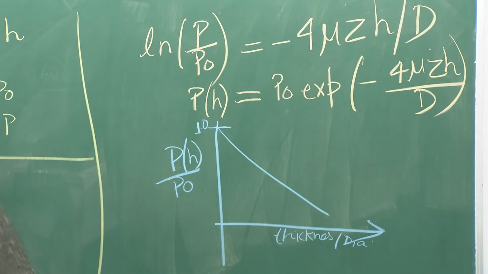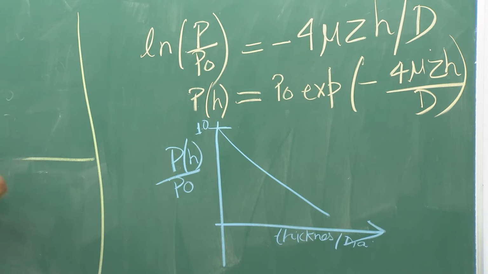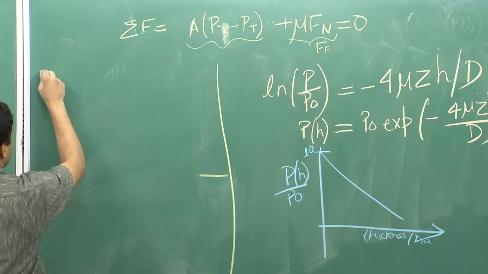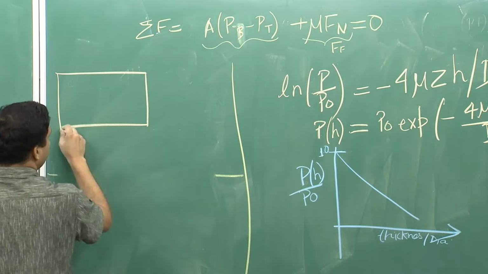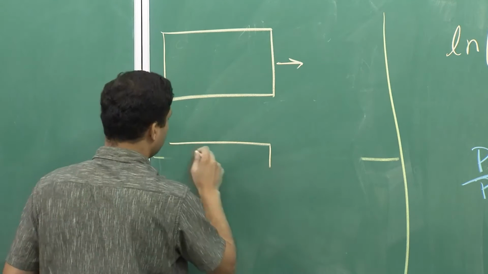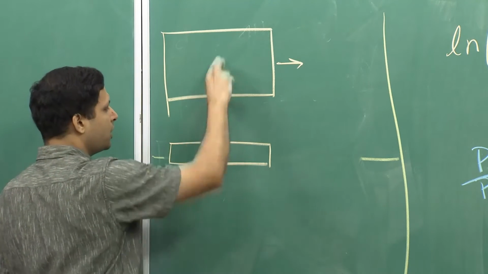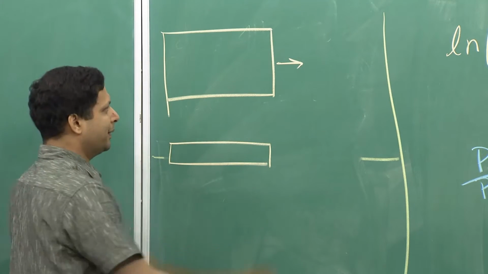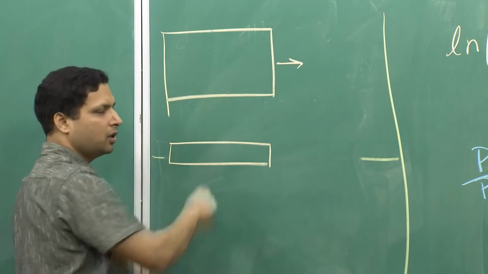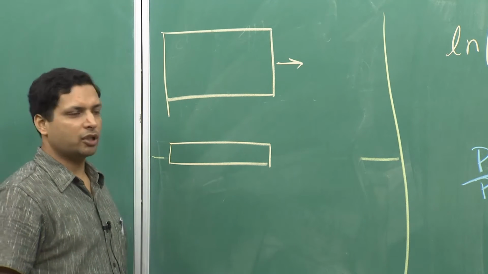So, for example, if I were to draw two different compacts, let us say I have one compact which is like this and another compact which is much thinner. Here the total H, the uppercase H, is large, here the uppercase H is small. So, the pressure drop, the pressure change and the pressure gradient from here to here is very large. Here the total pressure change delta P is much smaller.